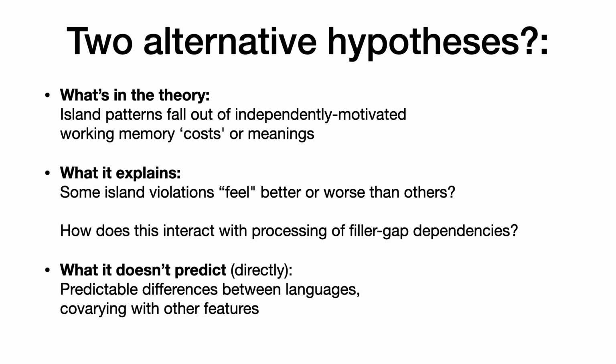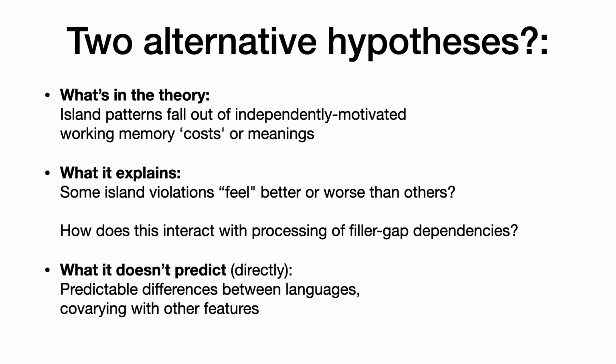So that's a good kind of theory. These theories are also good at explaining why certain island violations sound worse or better than others, which the subjacency style theory that I talked about at the beginning doesn't do as good a job of.